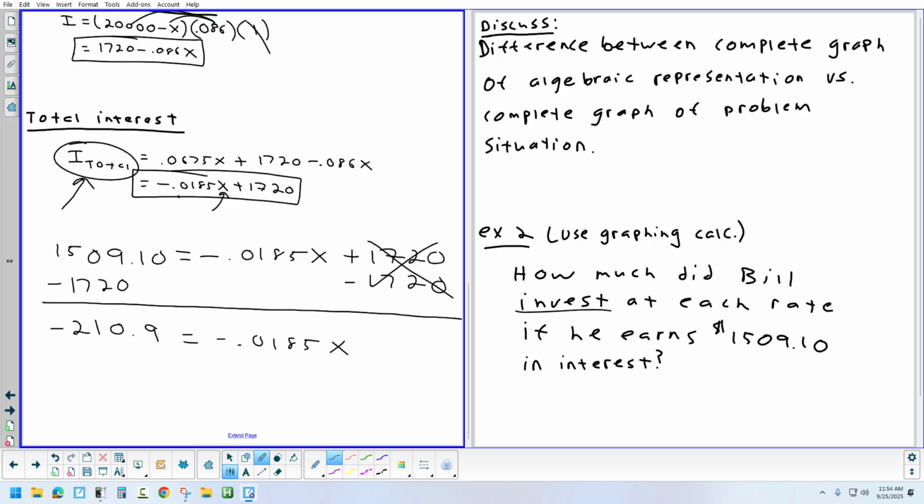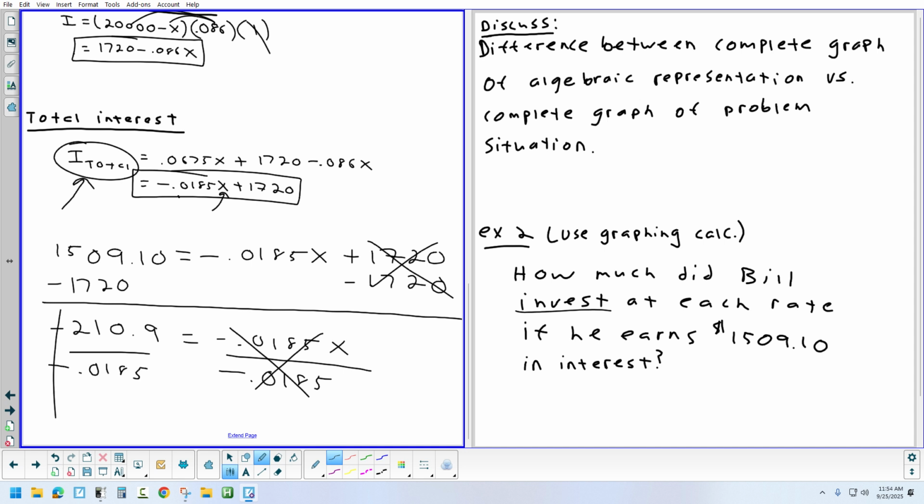And what's our last step? And what would you divide by? Negative 0.0185.